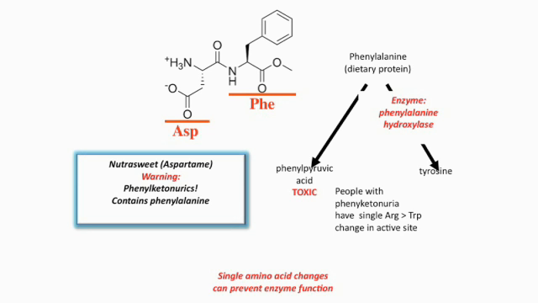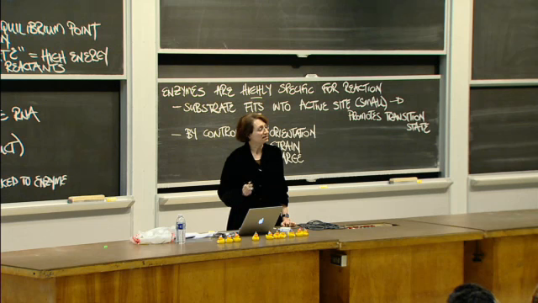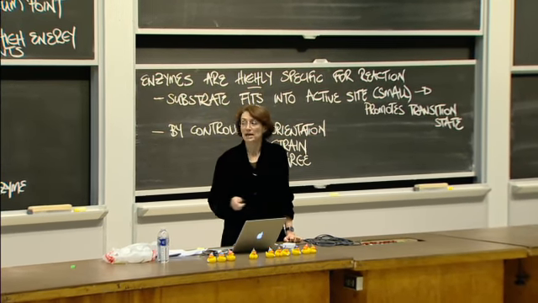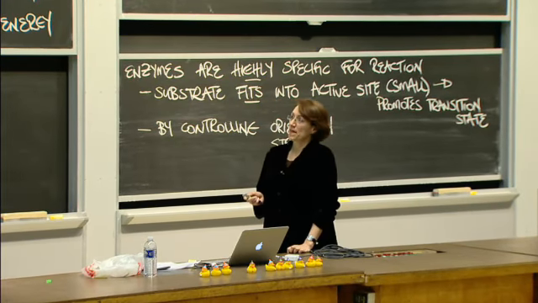On Diet Coke, it says, warning, phenylketonuria contains phenylalanine. What's the deal? There is a disorder called phenylketonuria where people are unable to digest the amino acid phenylalanine. This is an essential amino acid, but too much of it is bad.